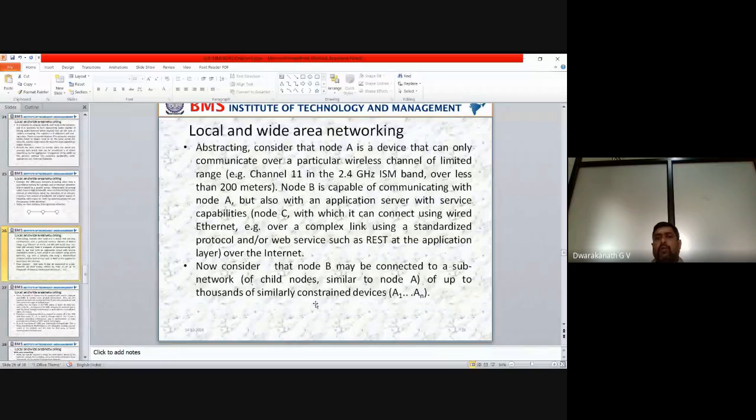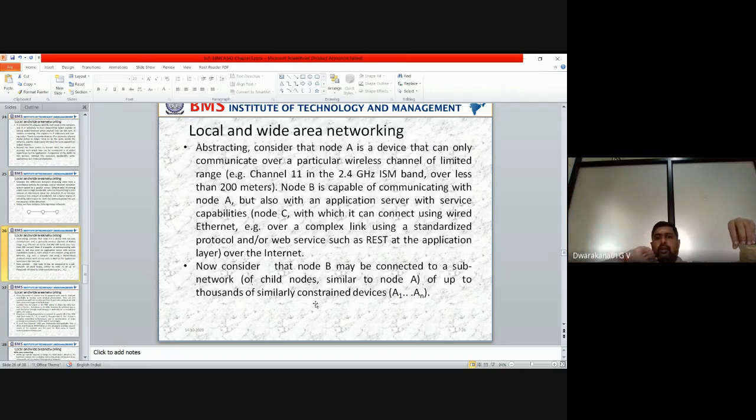Now, node B is capable of communicating with node A, and also with an application server with service capabilities, that is node C, with which it can connect using wired Ethernet. Imagine node A is our sensors, some board, which can communicate only in a fixed range, only 200 meters.